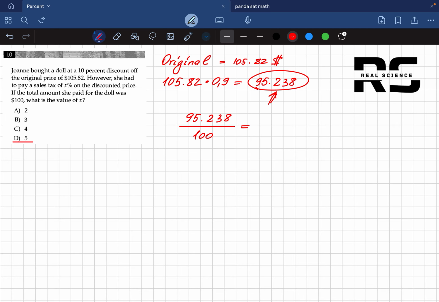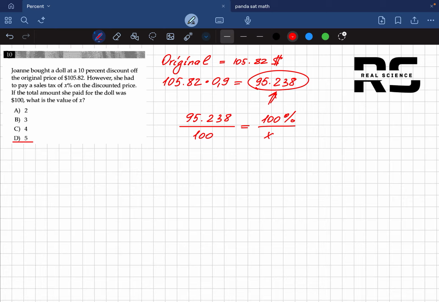And in this case, we need to compare the discounted price to the total amount that I paid, in order to understand what percentage it increased. So let's take this as 100%, and let's take this as X.